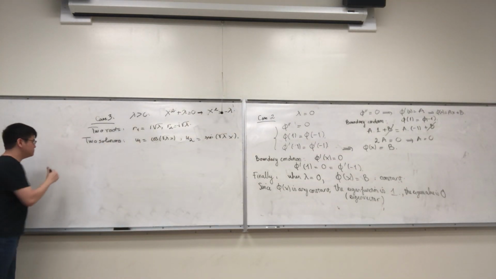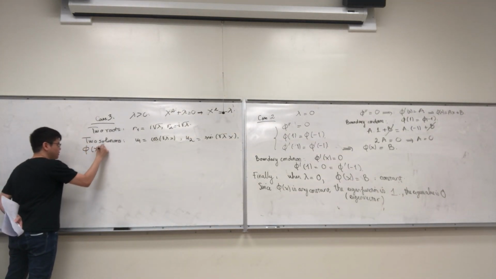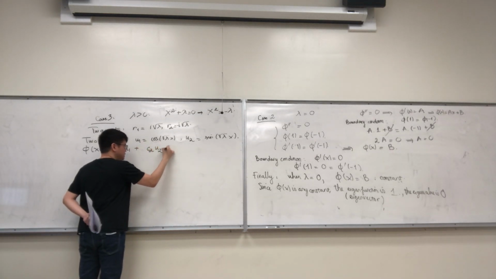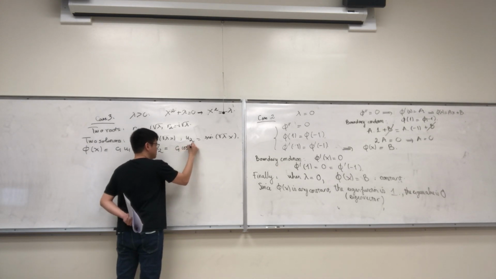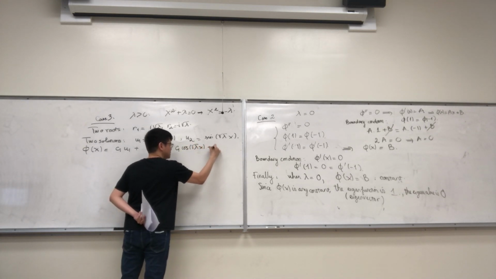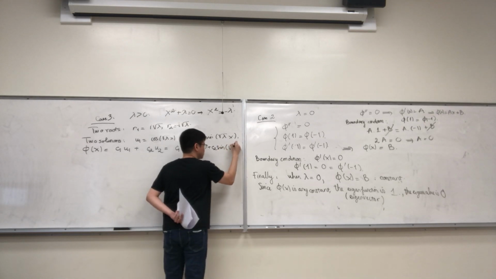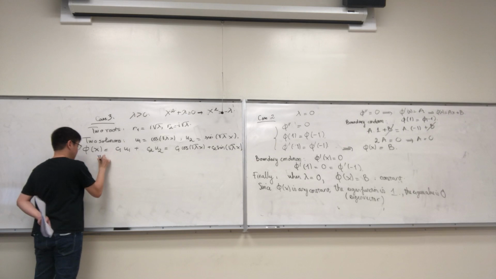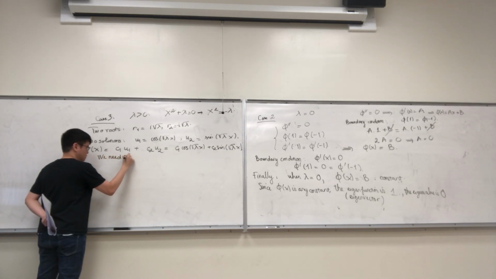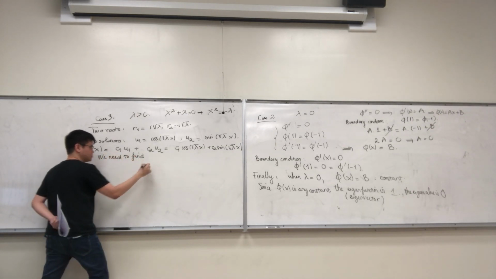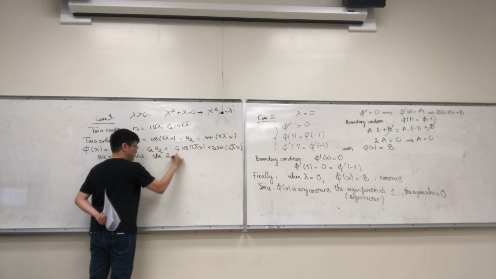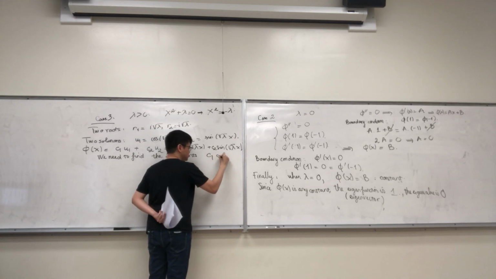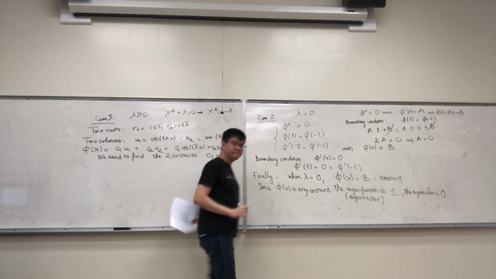So the solution will be a linear combination of U1 and U2. And this gives you C1 cosinus of square root of lambda x plus C2 sinus of square root of lambda x. All right? So we need to find the two constants C1 and C2. All right?